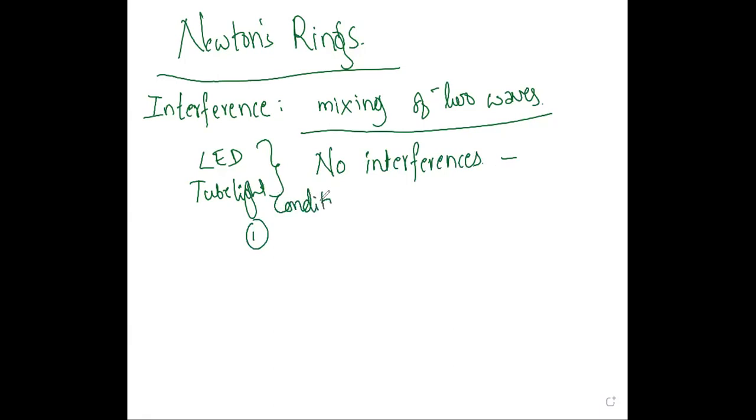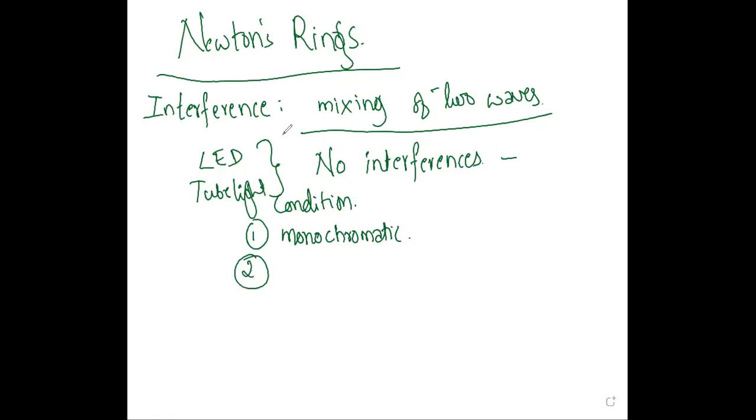Yes, that is a condition. The first condition, as told by, I'm sorry, I didn't catch your name, please tell me your name. Amay, very good, Amay. So the sources should be monochromatic.